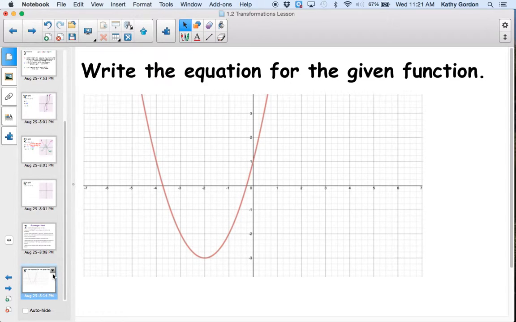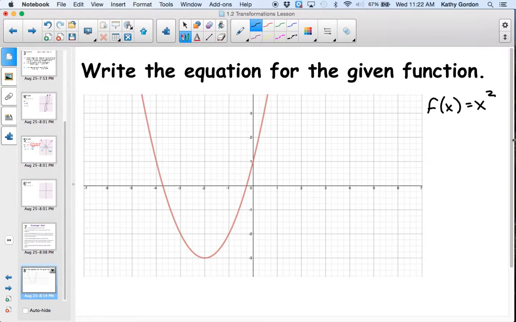Okay, so in this case, what's our parent function? X squared. So we know we're dealing with the parent of f of x equals x squared. Let's figure out the a, h, and k's so we know where to plug those in. Does it look to you like there's an a value other than 1?